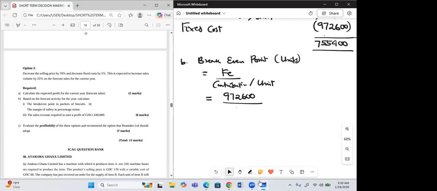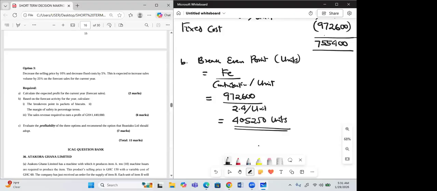So what is it giving you? 405,250 units. So that is the break-even point in packets of biscuits, and then the margin of safety in percentage.